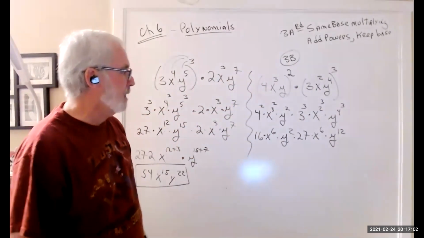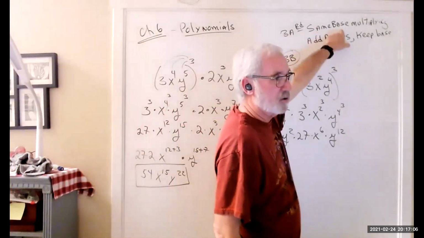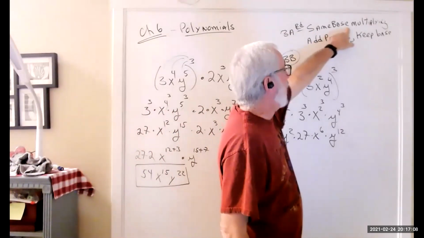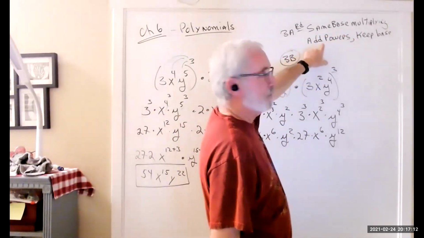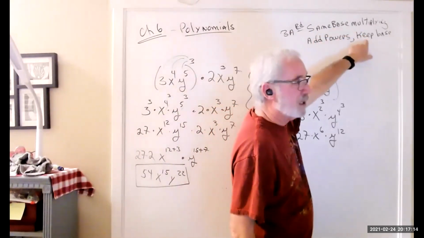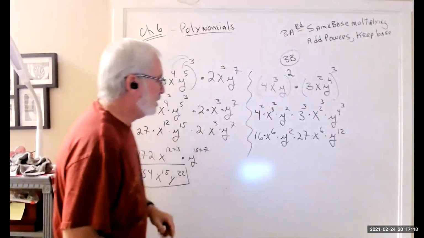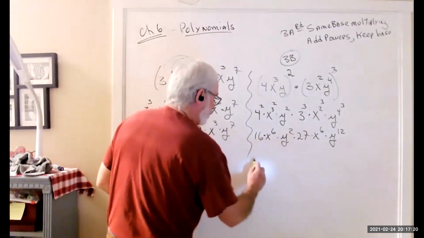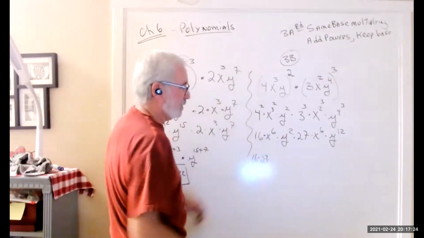Okay. Third one: if they have the same base and they're multiplying, then you add their powers and you keep their base. So again, some arithmetic. I'll do 16 times 27 on my calculator, whatever that is.